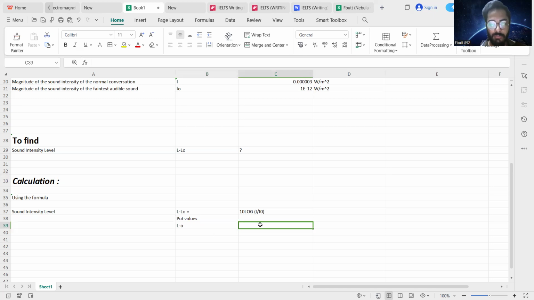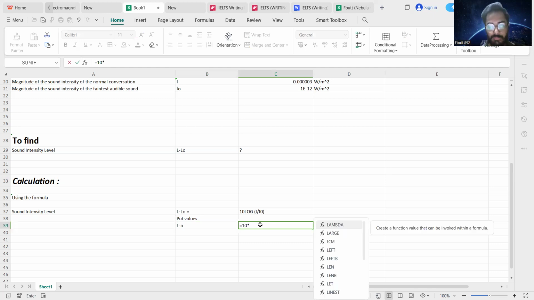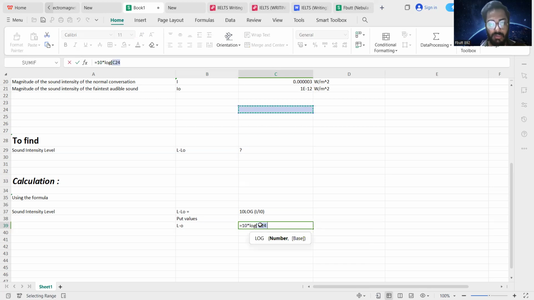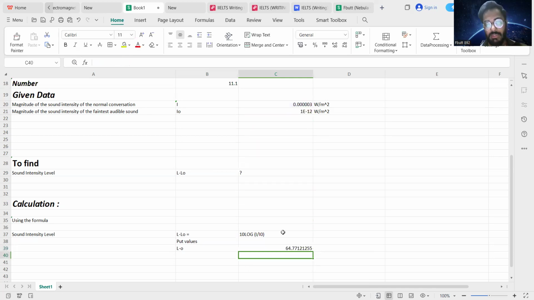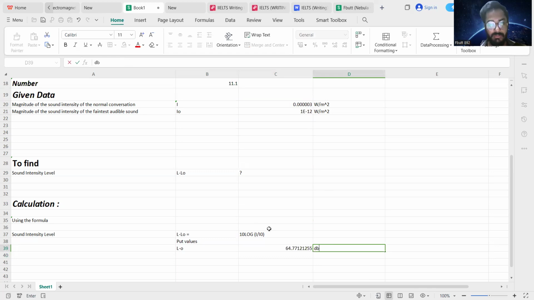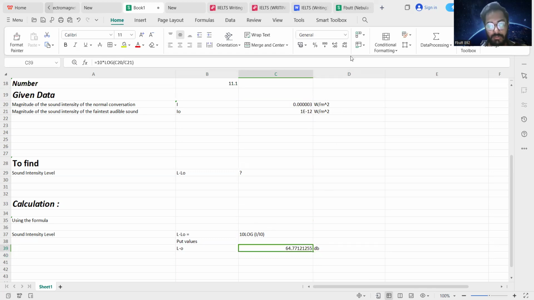Applying the formula directly, 10 times the logarithm of the sound intensity of the unknown sound to the sound intensity of the faintest audible sound, we get the answer 64.77, in decibels. You have to restrict your answer to 4 decimal places, so I'm going to restrict it to 4 decimal places.